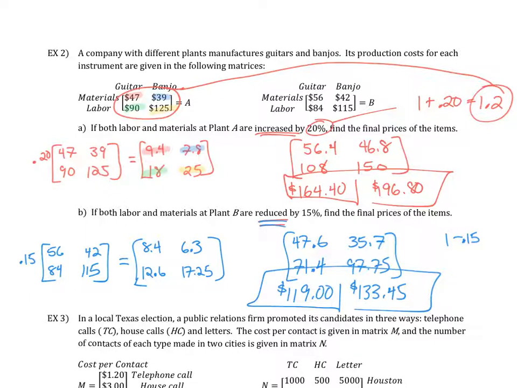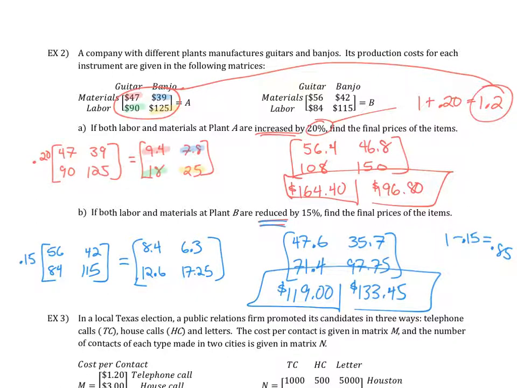So it doesn't matter if we're increasing or decreasing, or upped or reduced, we are always starting with 1 and then either adding or subtracting based on the word we have. When you subtract these two, you get 0.85, which means that if you had just multiplied the original matrix here by 0.85, you would get all of these numbers here.